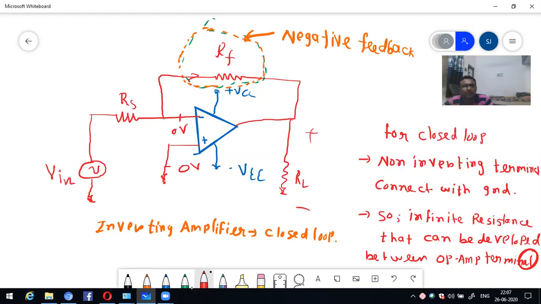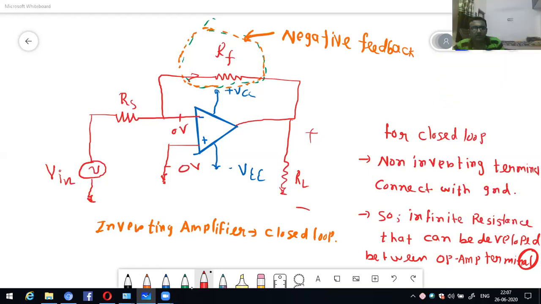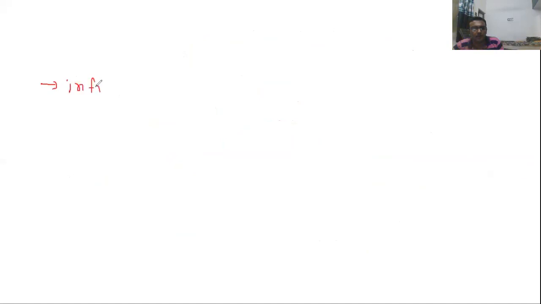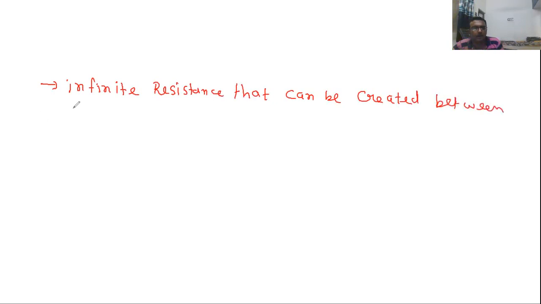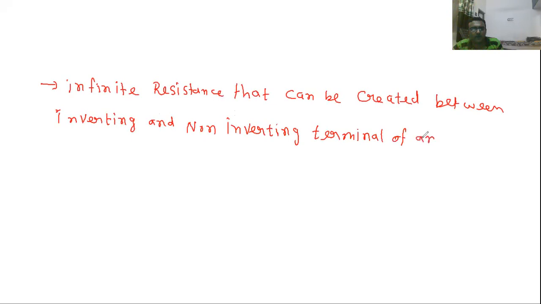Which terminals have I mentioned here? See this, infinite resistance can be created between the inverting and non-inverting terminal of an op-amp.